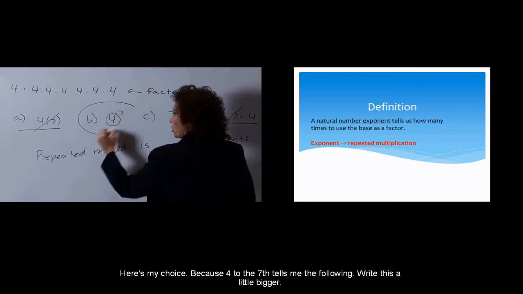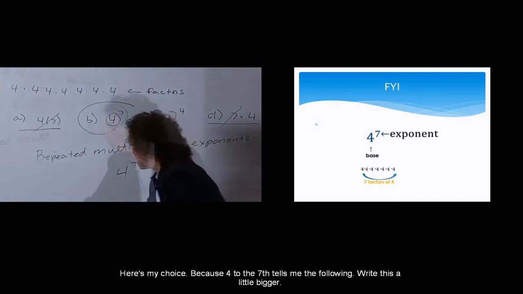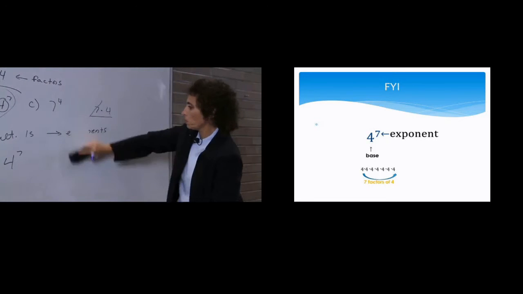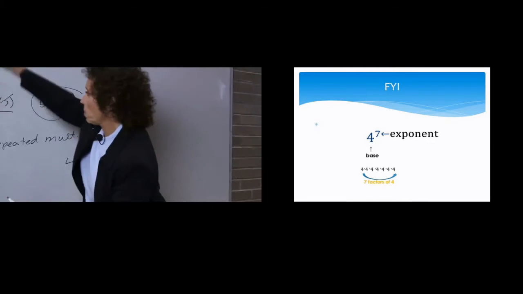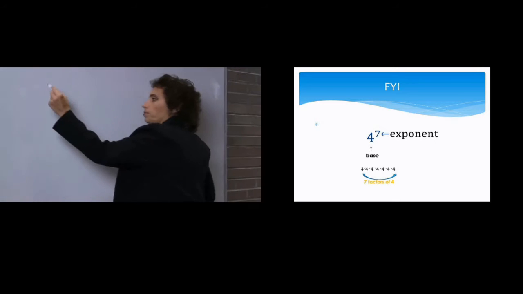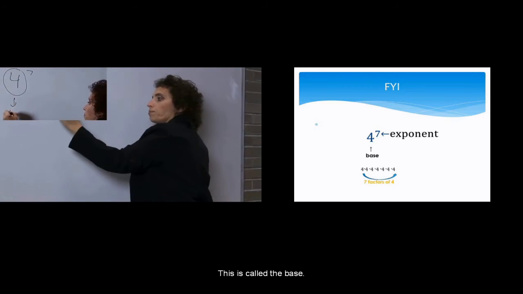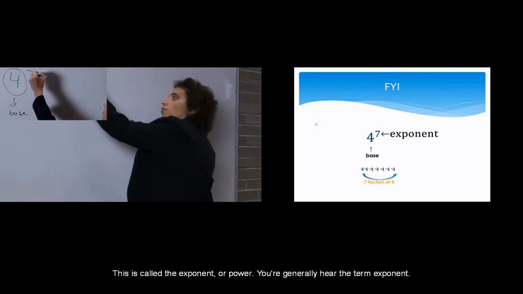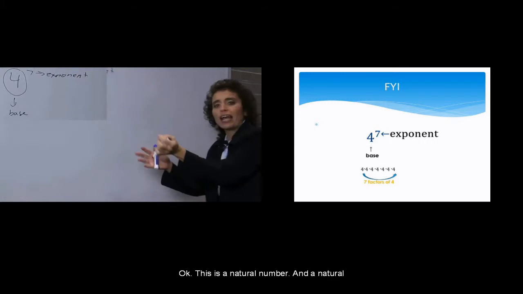This is my choice because 4 to the 7th tells me the following. Let me write this a little bigger. This is called the base. This is called the exponent or power. You're generally going to hear the term exponent.